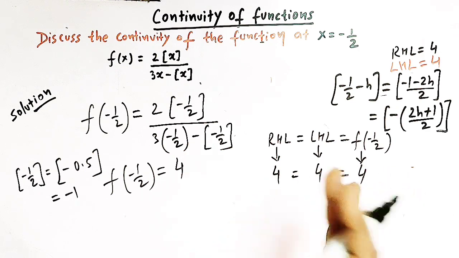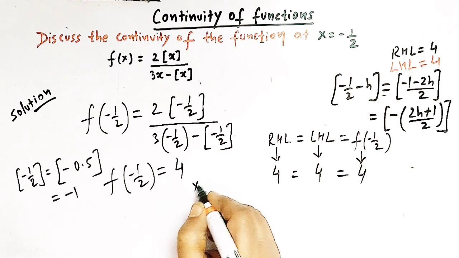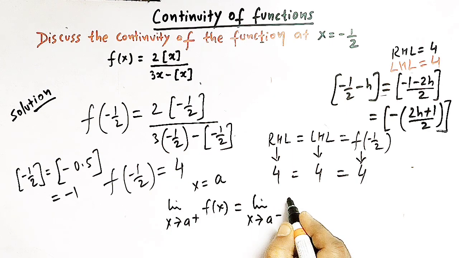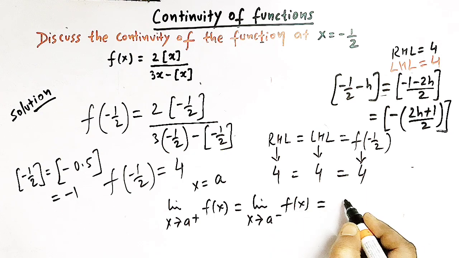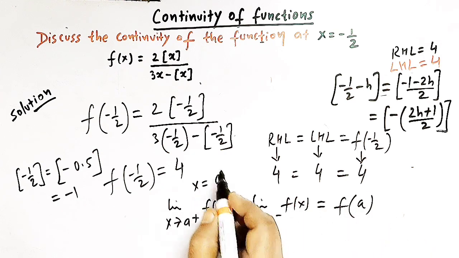And we can claim, due to the definition of continuity of functions, a function is said to be continuous at some point, say x is equal to a, if the right hand limit, that is limit x tends to a positive f of x, is equal to limit x tends to a negative f of x, that is equal to the value of the function at x is equal to a.